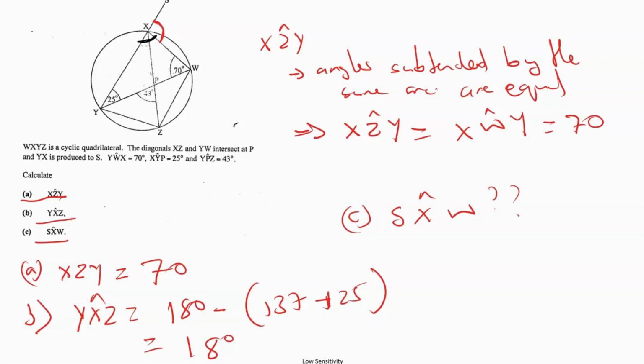In order for us to find YXW, we are going to subtract 70 and 25 from 180. So what does that mean?